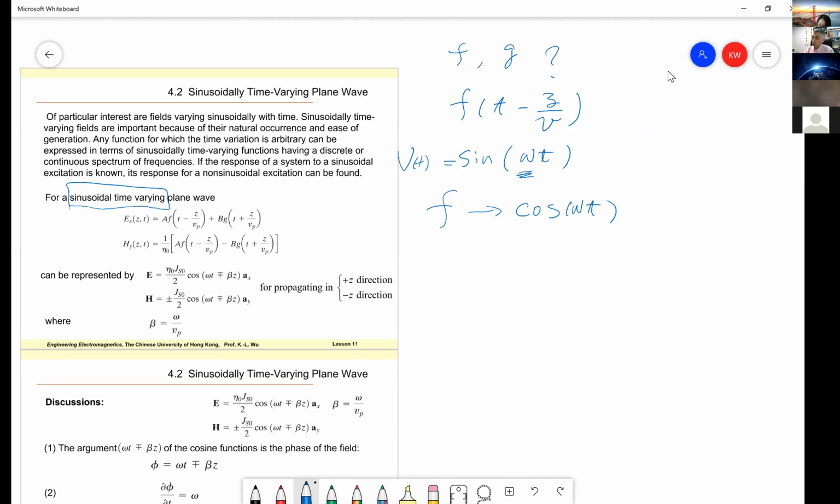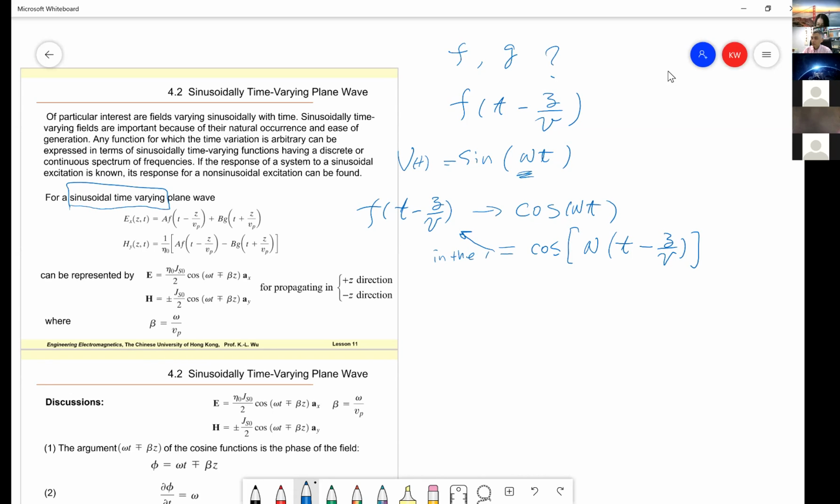Then we need to write f in such a way that the time must be written like this, in the form of f of t minus z divided by the speed.